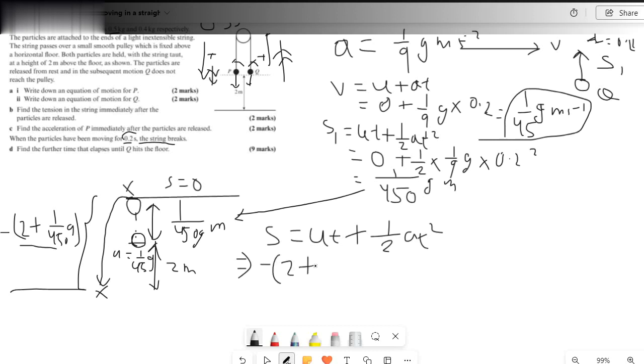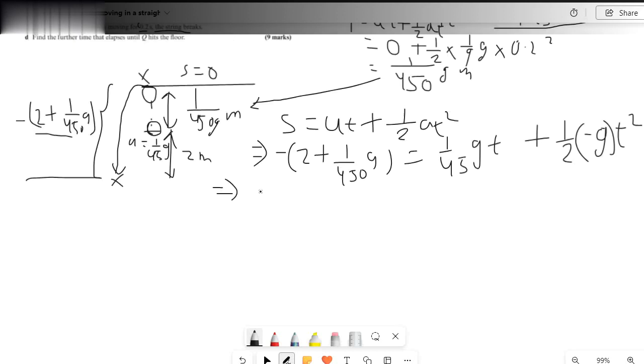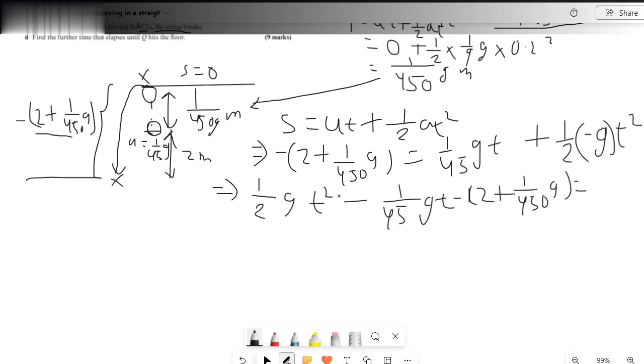So minus of 2 plus 1 by 450 g is equal to ut, which is 1 by 45 g t, plus half into at squared, and as usual the acceleration is minus g because it's in free fall. So rearranging we get half g t squared minus 1 by 45 g t minus of 2 plus 1 by 450 g is equal to 0.